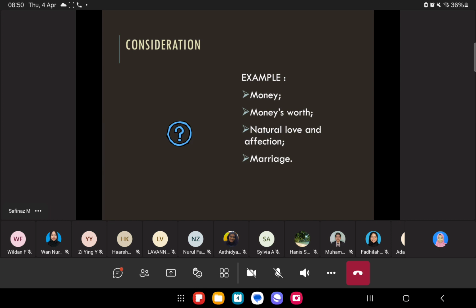Marriage is considered as a consideration. Natural love and affection is also considered as consideration. Therefore, that is why in a marriage settlement usually there is no issue, as the beneficiary of a marriage settlement is not considered as a volunteer because they have given consideration.